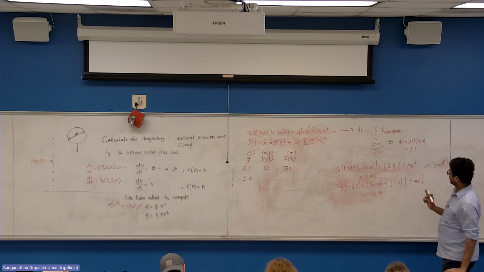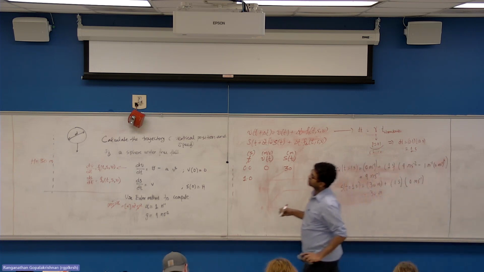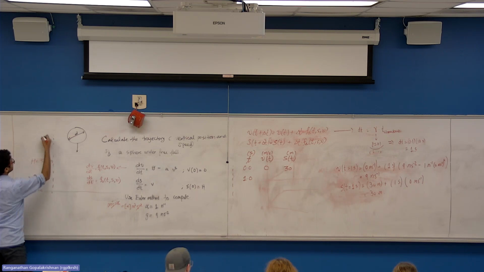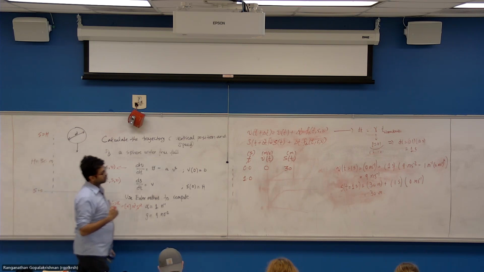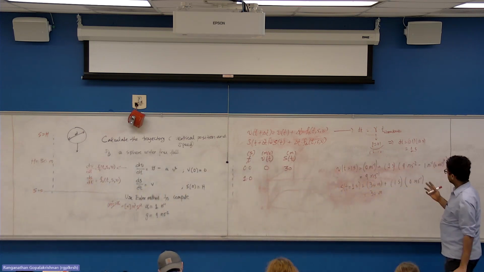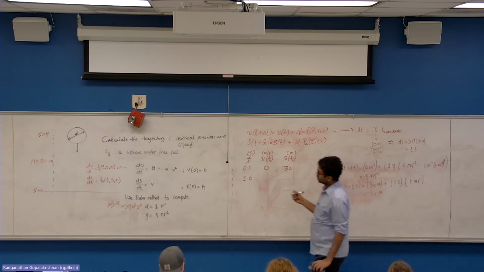I think I made one mistake here. Position is s equals 0 here and s equals h here, so position has to decrease with time. I'm getting a sign wrong.